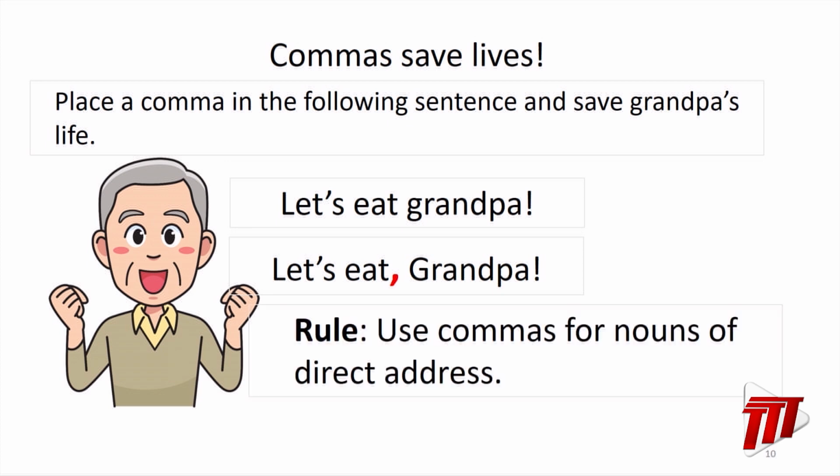So we have let's eat and a direct address. Let's eat, Grandpa. In the other way around, it could read Grandpa, let's eat. So you're addressing Grandpa and you're telling him, let's eat. But if you did not have the comma, then you and Grandpa would be in trouble.